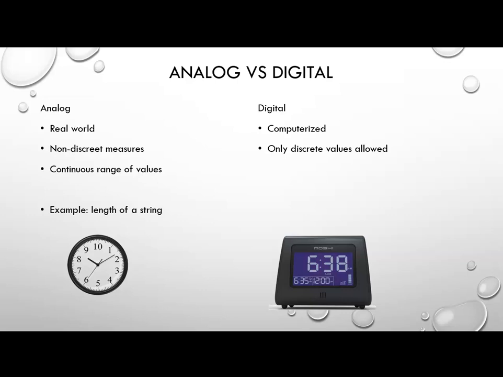Digital is computerized and only discrete values are allowed. So if you were assigning a pixel an order of gray, you would specify exactly what number was associated with that pixel, such as 254 if it was a very bright but not quite completely bright pixel.